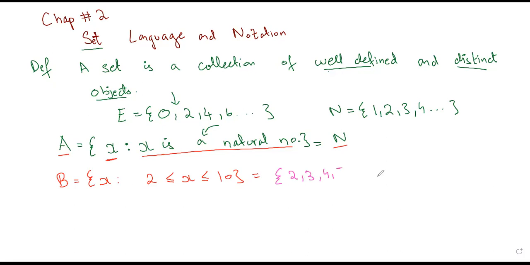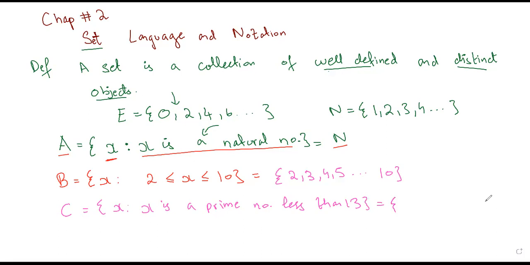Okay. And then let me define the last set. We are discussing examples. So here we are going to have X, X is a prime number less than 13. So in this set, we are going to have all the prime numbers which are less than 13.